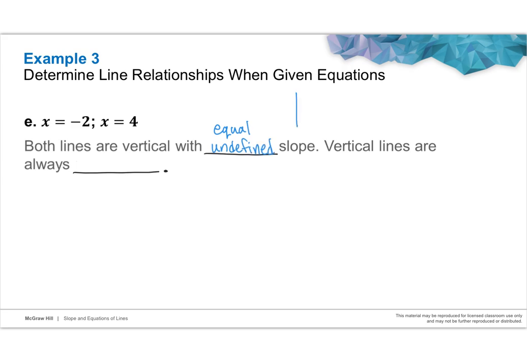If you think about that vertical line and finding the slope between 2 points as rise over run, no matter what this rise distance is, the change in x on a vertical line is always going to be 0. That's a problem, dividing by 0, which is why we have an undefined slope. So vertical lines are always parallel. The same thing, of course, is true with horizontal lines. Two horizontal lines are always going to be parallel as well.